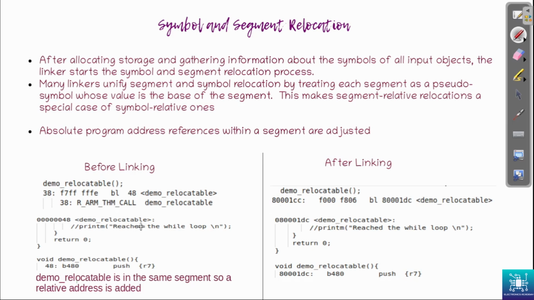The compiler has already given it a branch and link address, BL48, but it still needs correction, because when it moves to the final memory location, as you can see, the difference here is also the same. It just moves down here. But even then this symbol is in the relocation table, and the address is changed to 8001DC.